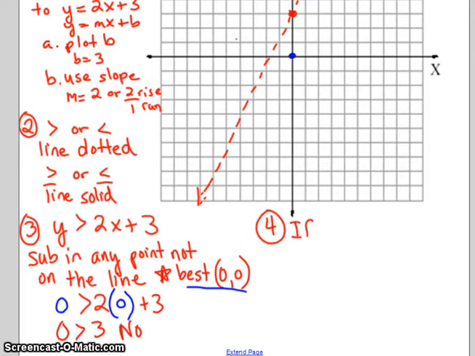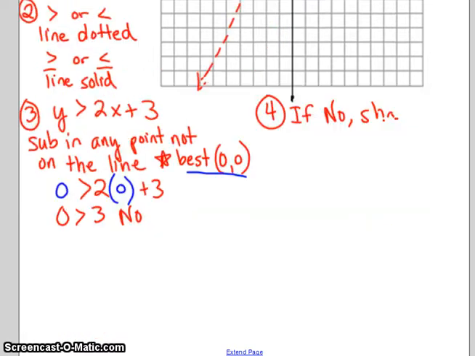If we get no, we're going to shade the other side of the line.